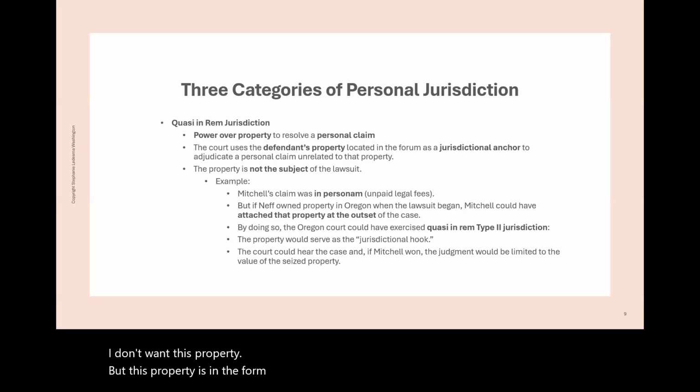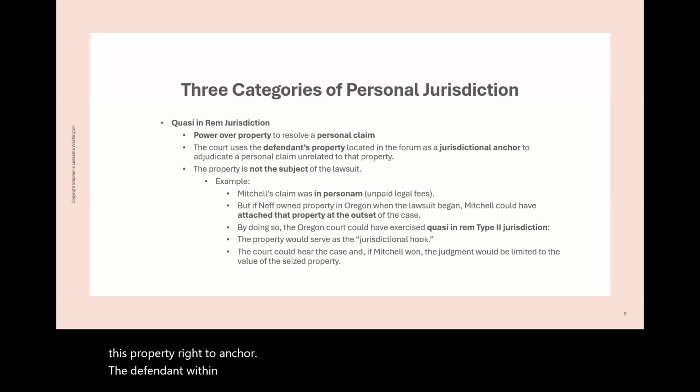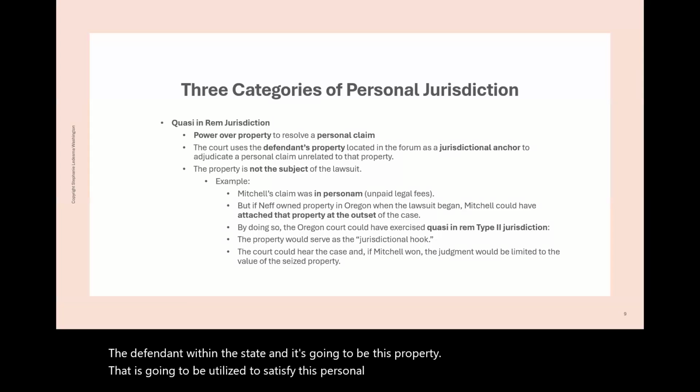This property is owned by the defendant. I want to use this property to anchor the defendant within the state. And it's going to be this property that is going to be utilized to satisfy this personal claim against the defendant. Does that make sense?